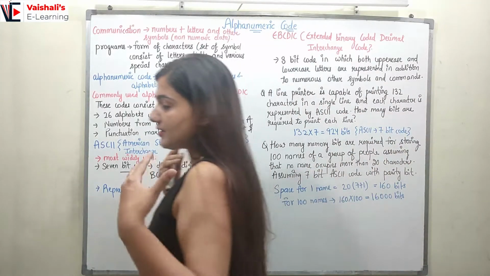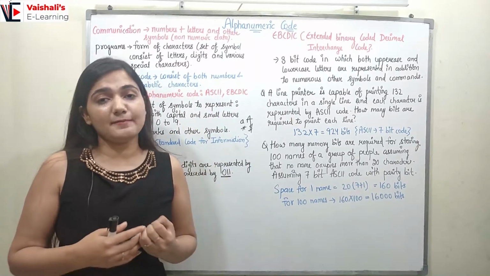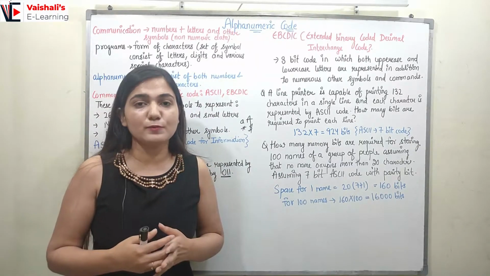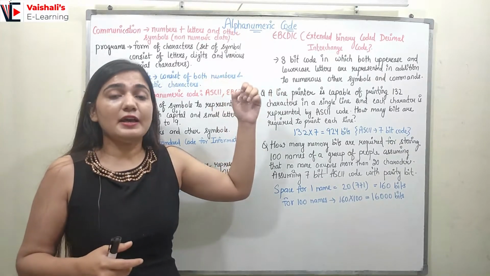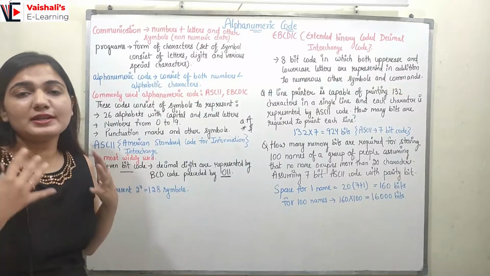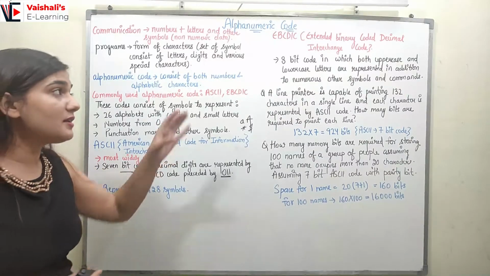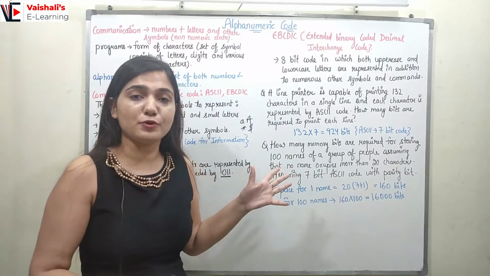This EBCDIC code is used mostly in IBM processors and IBM computers, and this is the reason it is not that widely used, right? ASCII is a standard code. It can be used in any computer, in any processor, whereas EBCDIC was specific to IBM computers.